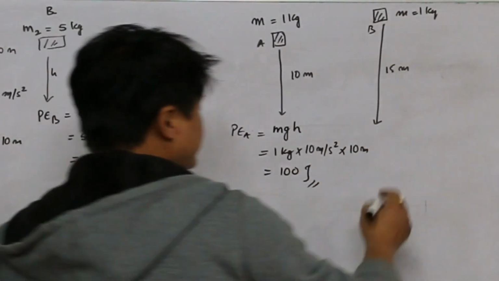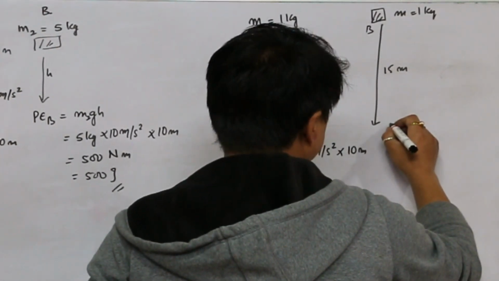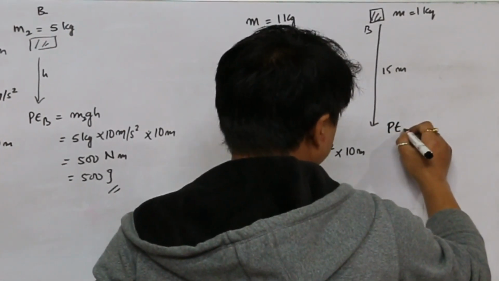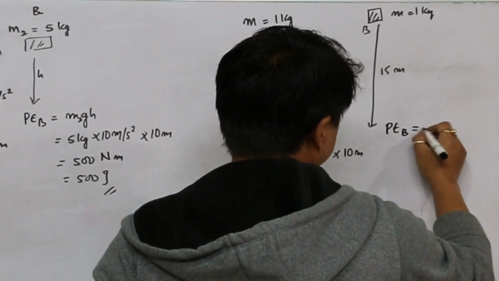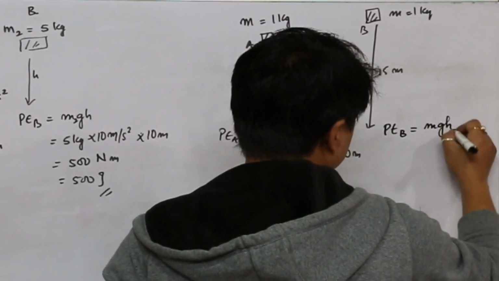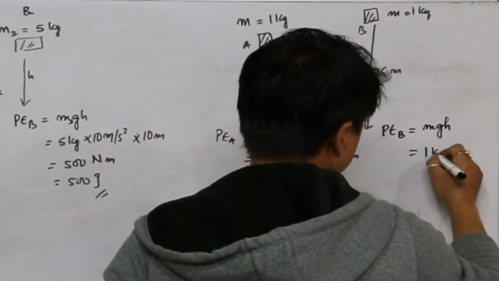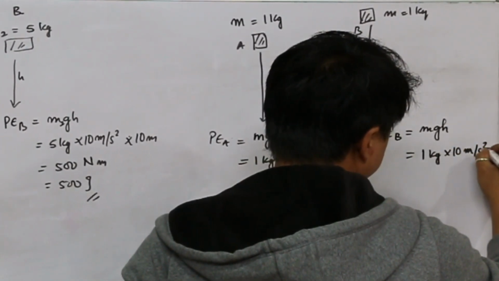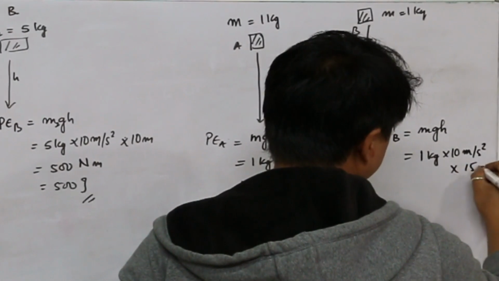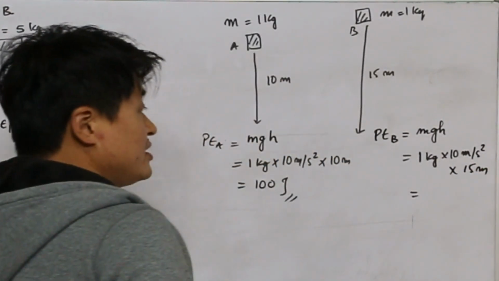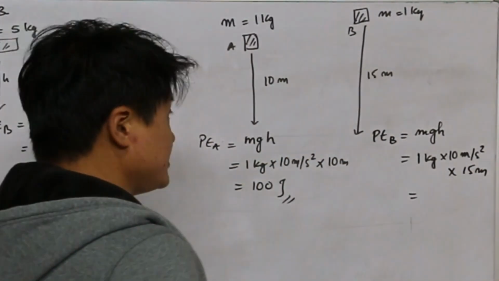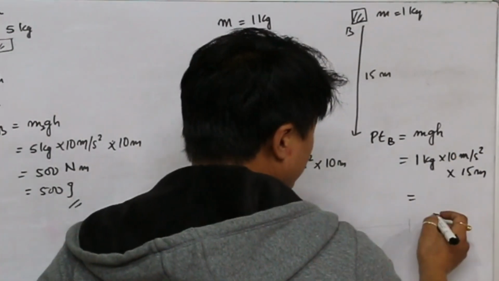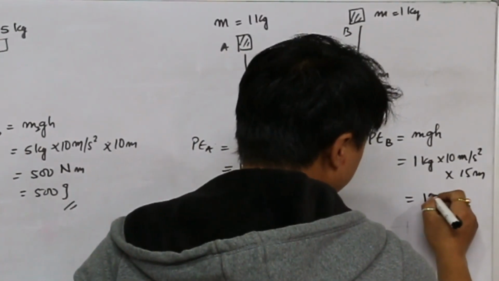Now the potential energy of B is mgh: mass is 1 kg times 10 meter per second square times 15 meters. 15 times 10 is 150, that is 150 joules.